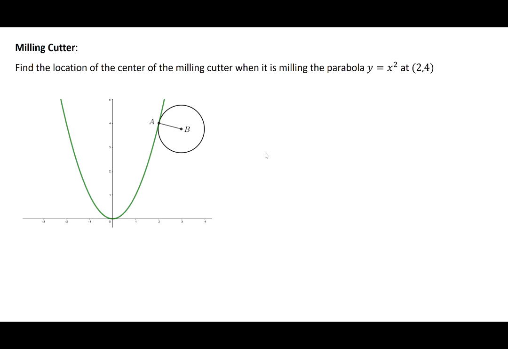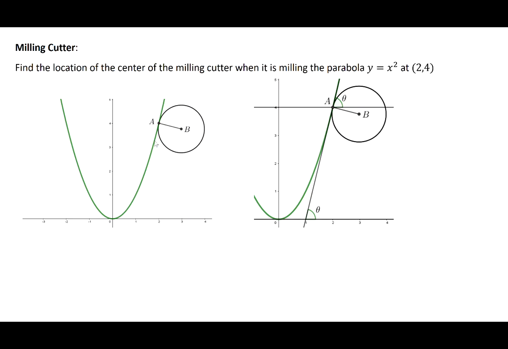Well, that's because I used exactly the concept that we just discussed: the derivative of the function is the slope of the tangent. I needed some angles, so to figure out these angles, I drew a tangent to the curve at (2, 4) and figured out what the slope of the tangent is.